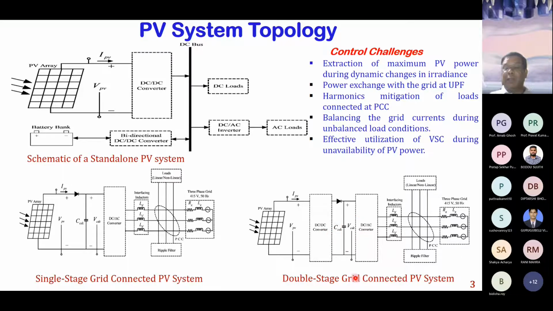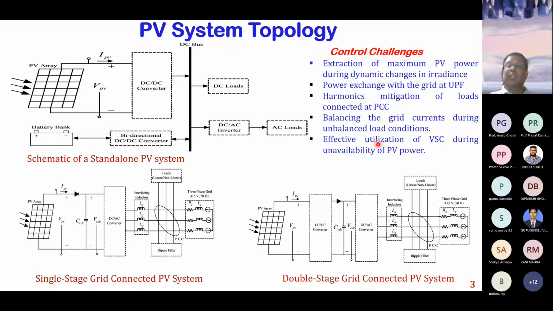So the double stage grid connected PV system involves two stages of power conversion. The first one has no connection to the grid. This is a standalone one, and sometimes you have a battery there that you can charge and discharge, either from the PV system or from the DC bus itself.